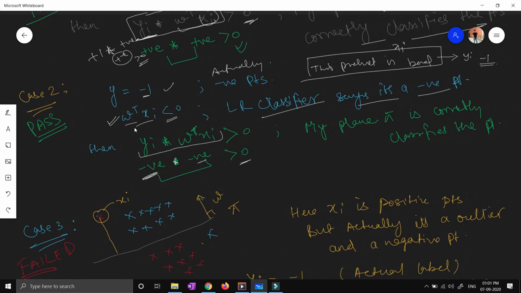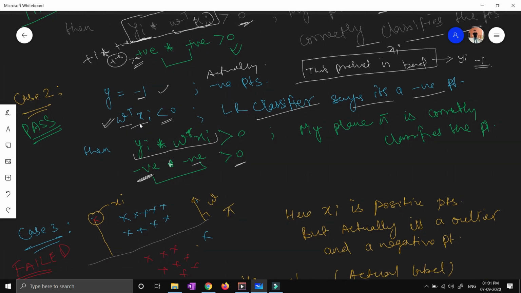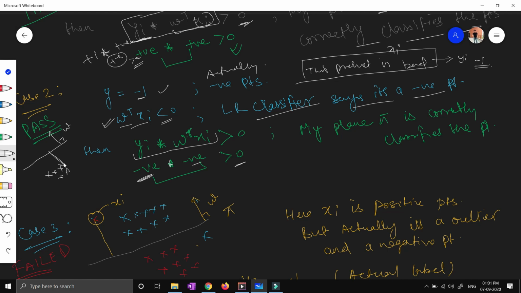Because we have calculated a distance. And why is it coming negative? Because my xi belongs to a negative class, and if it is a negative class, it means that it is in the opposite direction of w. You can see my w is here, and these are my negative points. So the distance of this particular point from the plane, di or dj you can say, will always be negative, or less than 0.